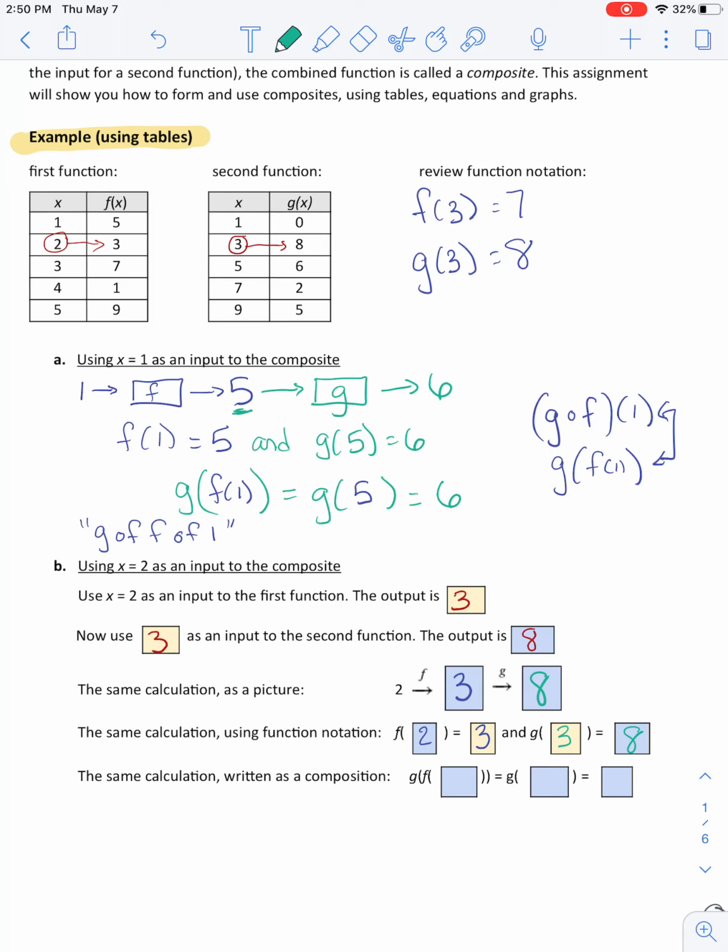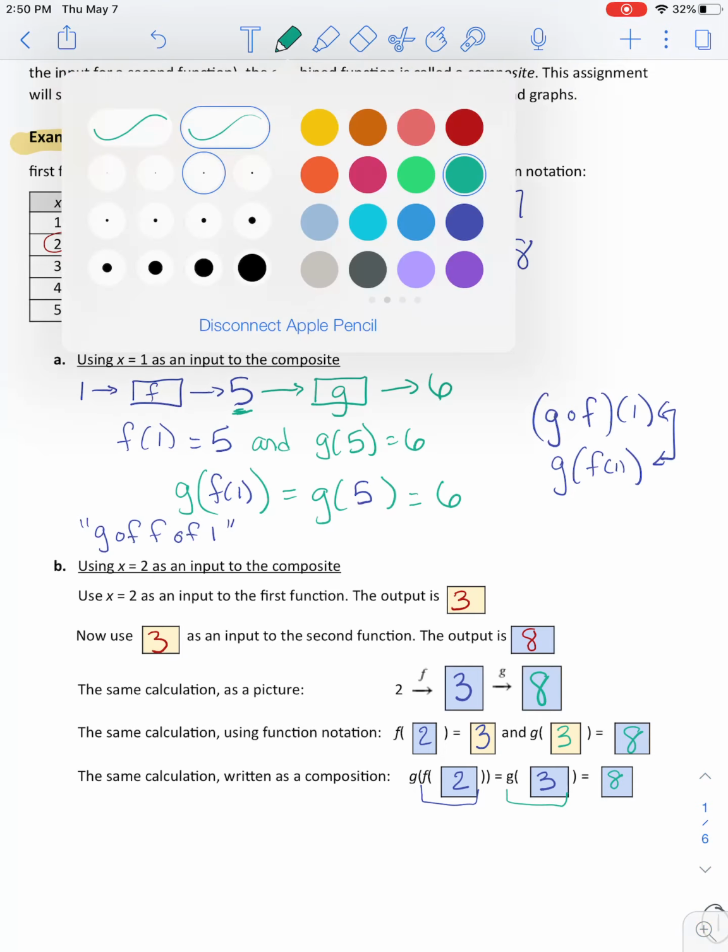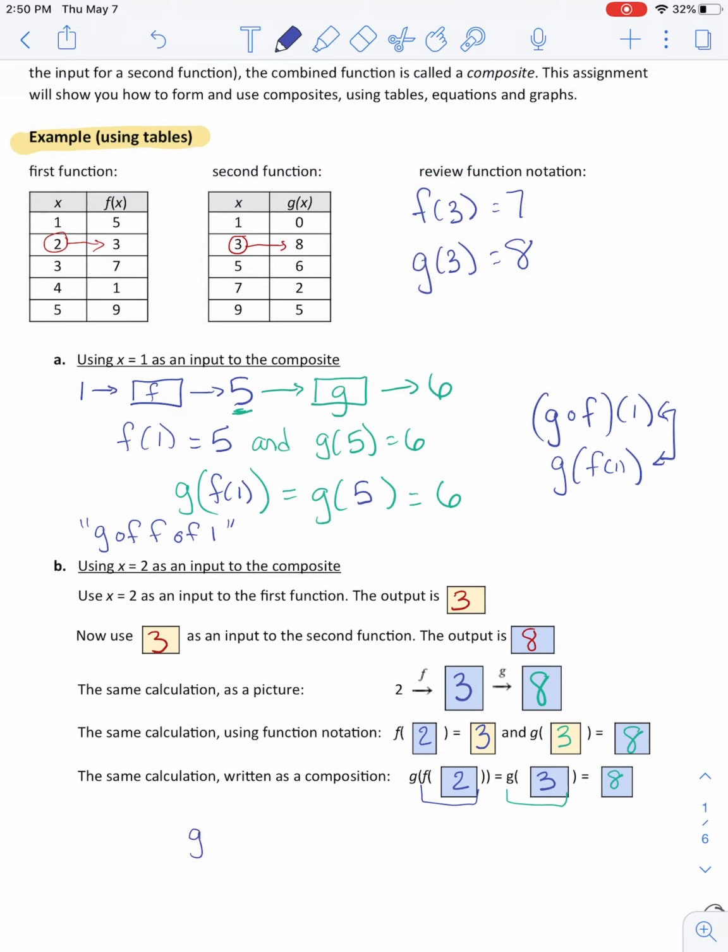So the first thing we did was we put in the 2. And we found f of 2, which is 3. And then we found g of 3, which is 8. Okay, so the notation would be g of f of 2 equals 8.